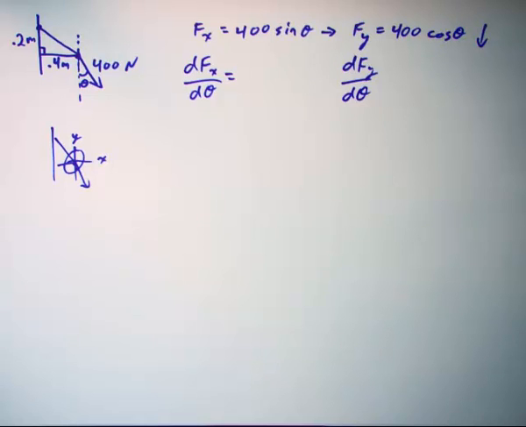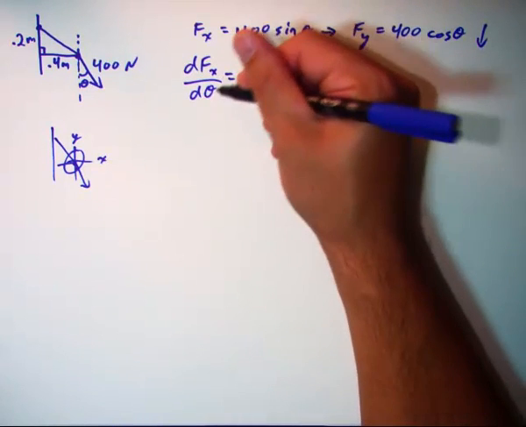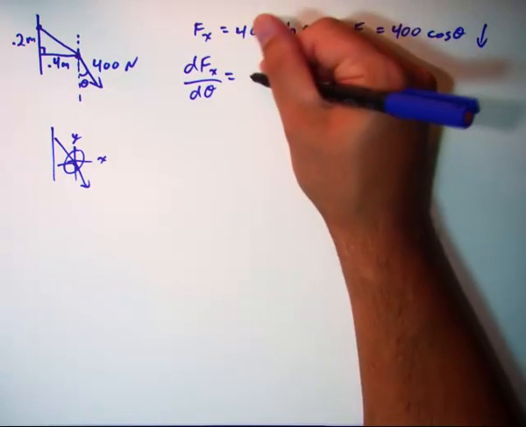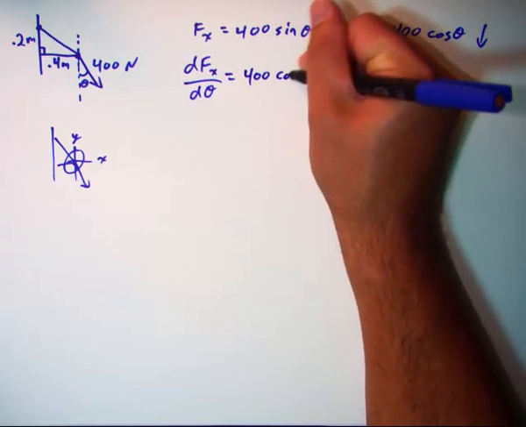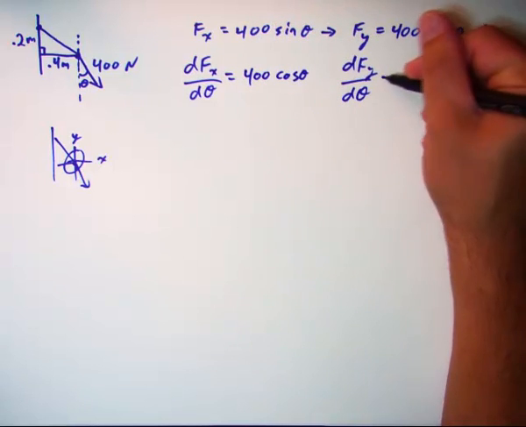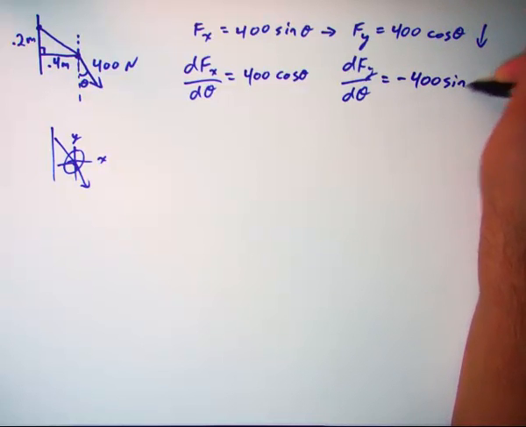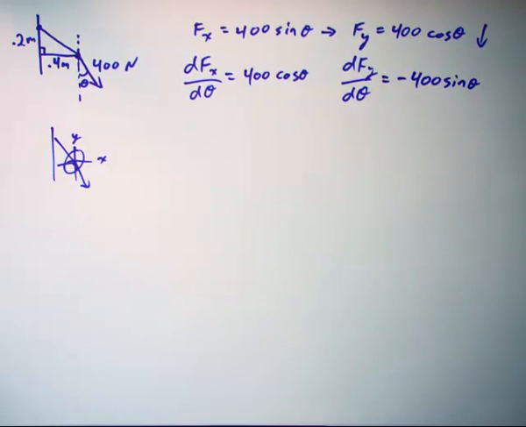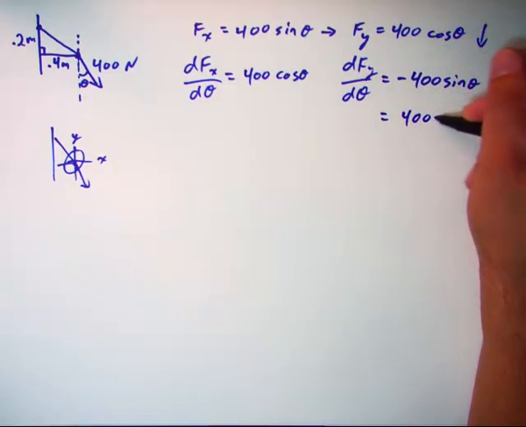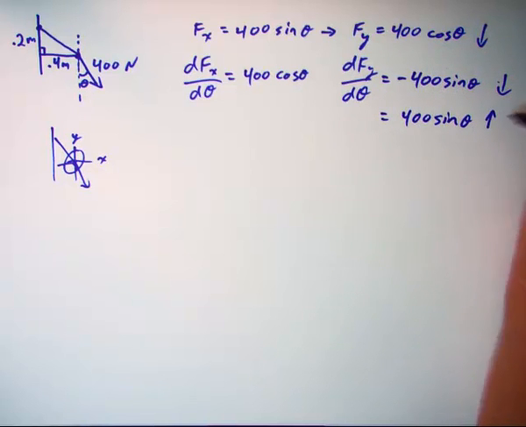So the rate of change of the horizontal component as theta changes is going to be 400 cosine theta. The rate of change over here will be negative 400 sine theta. And so negative 400 sine theta down means that it is 400 sine theta up.